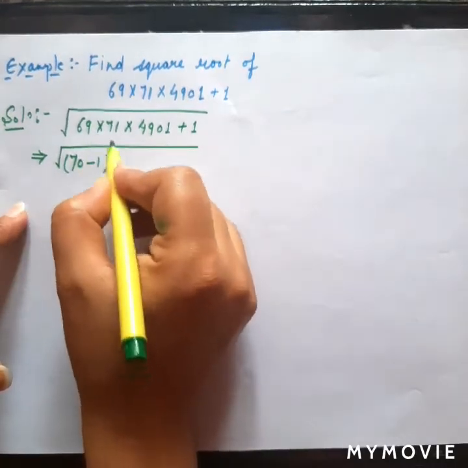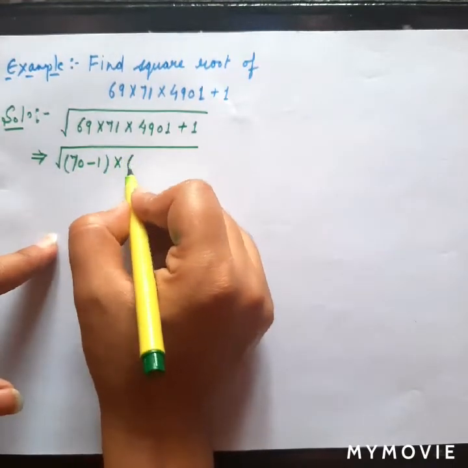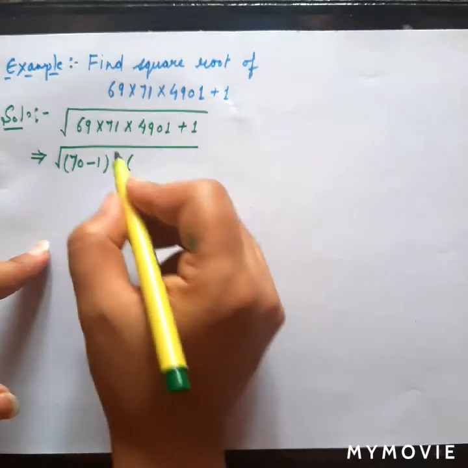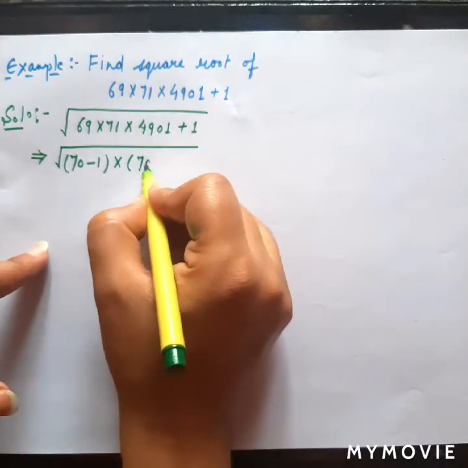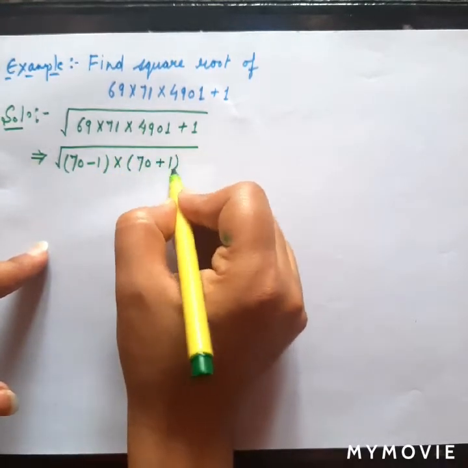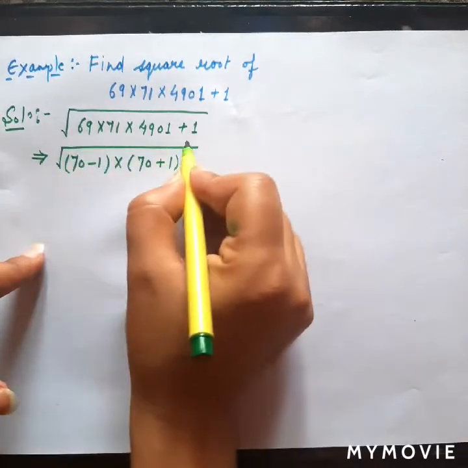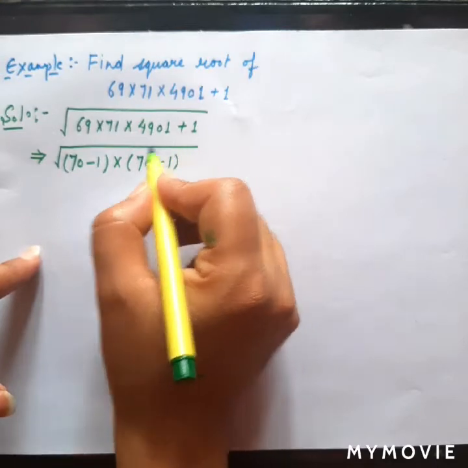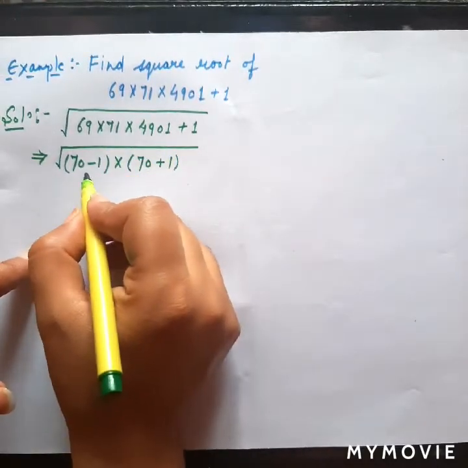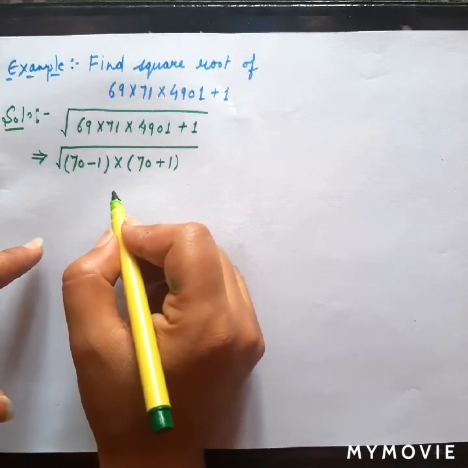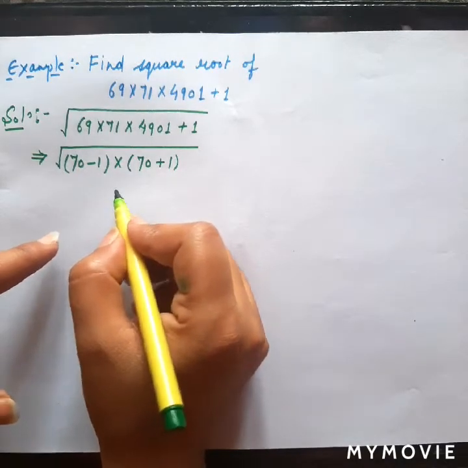In the same way, the number nearest to 71 which can be easily solved is 70 plus 1. As we write these numbers in such forms, the value of this term has not changed. The value remains the same. We are simply writing it in a simpler form so that we can calculate it more easily.